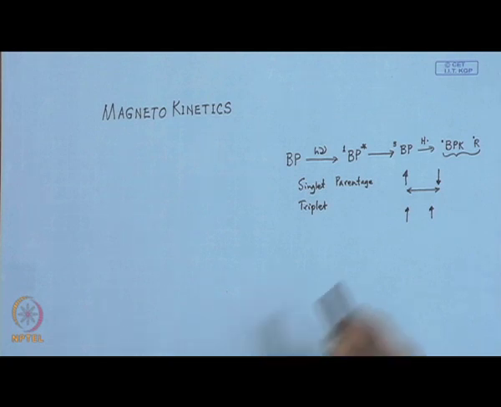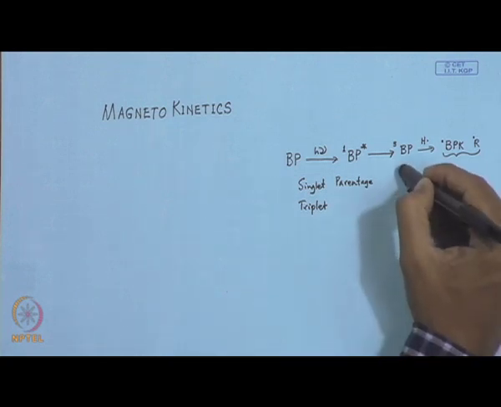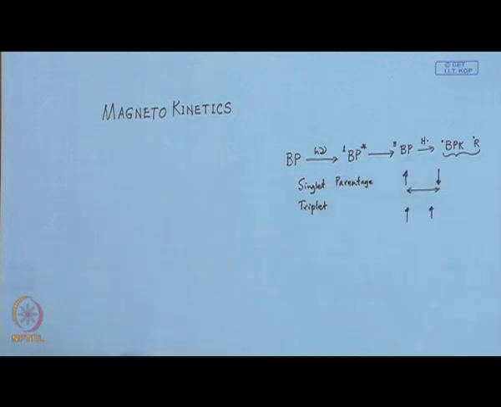You know these spins are electron spins, and because of spin they are paramagnetic. So the solution will have some magnetic behavior. In the presence of an external magnetic field, we may expect something.